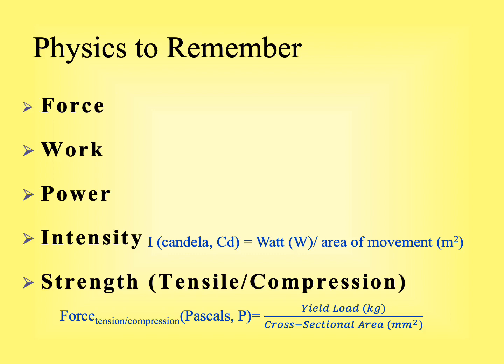Now, muscle fiber itself has a pretty consistent tensile strength, but what ends up happening is that as we increase the cross-sectional area of that muscle fiber, we get a larger tensile strength, a greater yield load that can be resisted. And so we have a relationship here. And the relationship is a direct proportionality of cross-sectional area to strength.